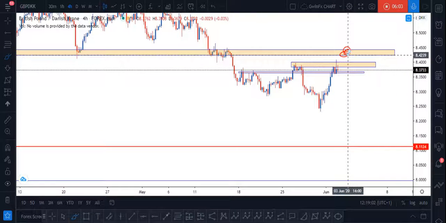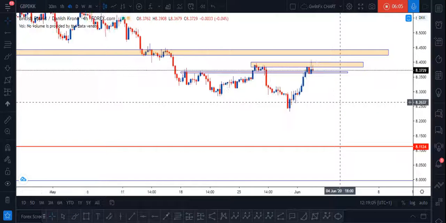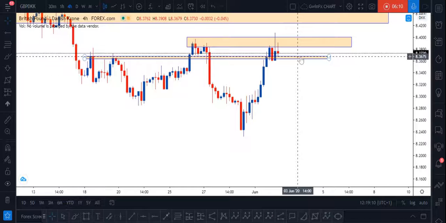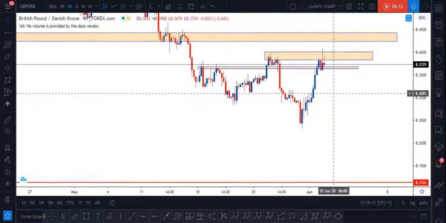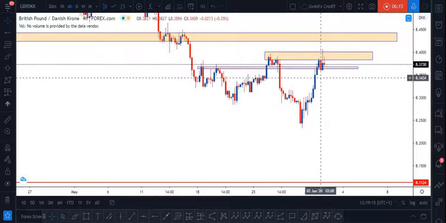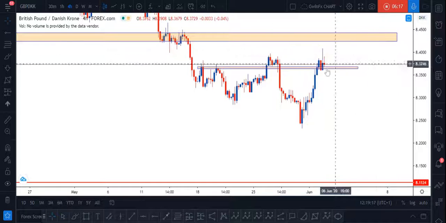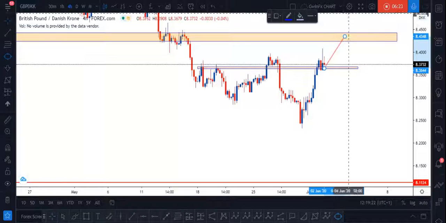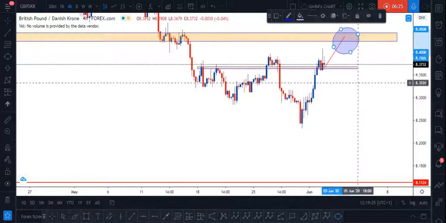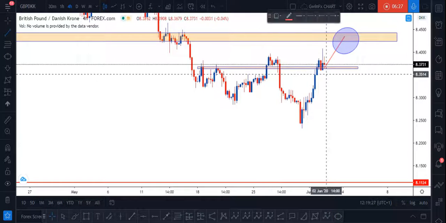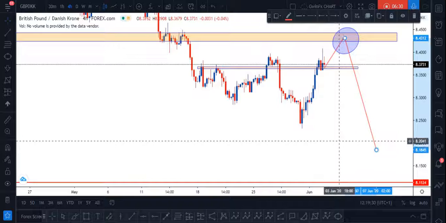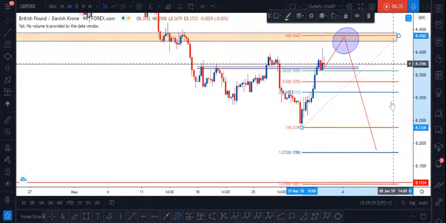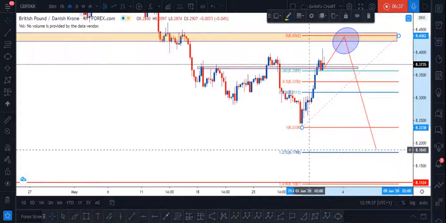So from the H4, we want to be looking at reactions and how we can get involved. At the moment, price is still making higher highs and higher lows, and looks to be going up. So we will wait for price to continue doing whatever it wants to do and complete into this zone. Then inside this zone, we will wait for a reaction to sell back into this target, or at least back into the 127 Fibonacci extension of this impulse.